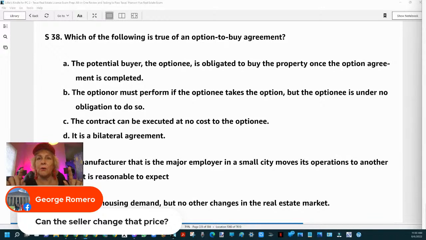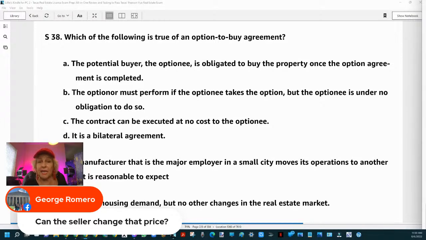If the option period expired, the buyer has to perform if they didn't decline or terminate the contract. During the option period, they can cancel or terminate, but they'll lose any investment they made. The seller cannot change the price because there is a lease agreement, an option memorandum, and a purchase sale agreement.